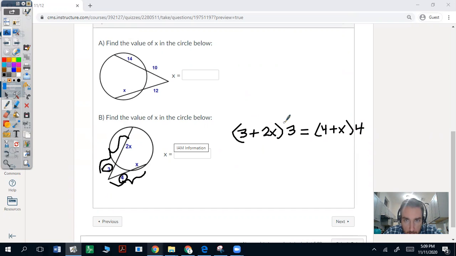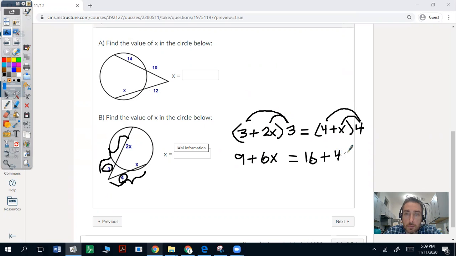So let's see, we got 9 plus 6x equals 16 plus 4x. And now we'll just solve both sides for x, try to get the x's to one side. So 6x minus 4x is 2x.